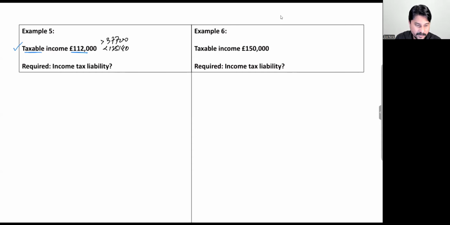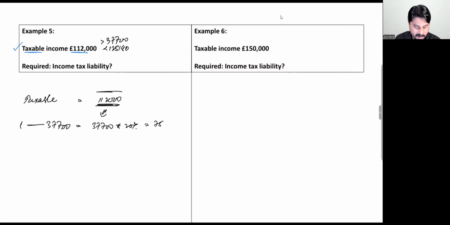How can we apply this? Taxable income in this situation, let me write, is directly given as 112,000. From this total amount, the initial 37,700 is taxed at basic rate, which is 7,540. From 37,701, any income to the extent of the second band limit of 125,140, but our total taxable income is less than this, so we have to stop at 112,000.